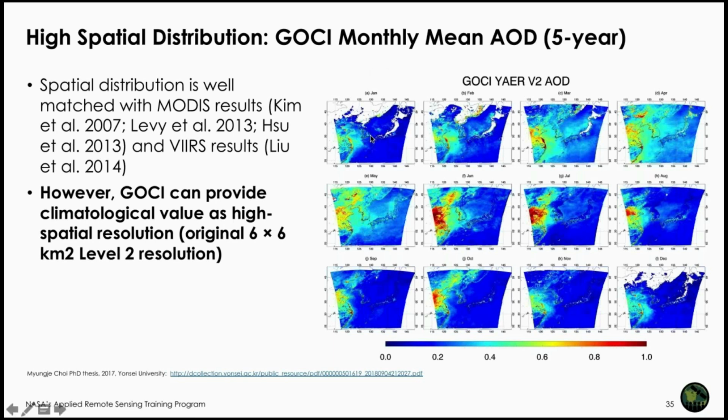This monthly AOD distribution is generated using the GOCI AOD, and this spatial distribution matches very well with the recent MODIS and VIIRS result here. But MODIS and VIIRS provide the AOD monthly product at a very coarse spatial resolution, like a 1 by 1 degree latitude and longitude box. However, GOCI can provide climatological values at high spatial resolution, like the original 6 by 6 kilometer Level 2 resolution.